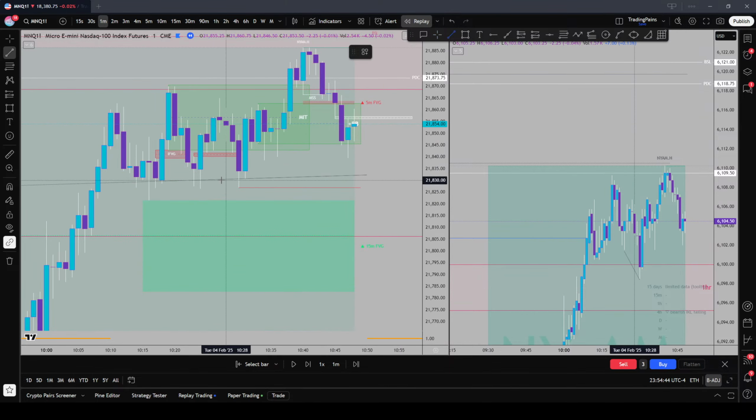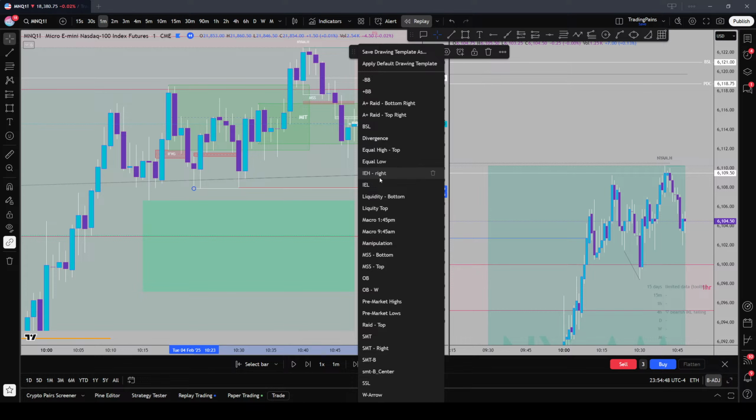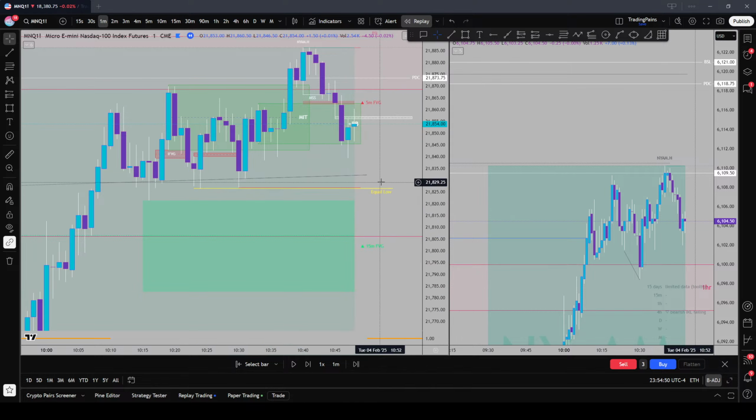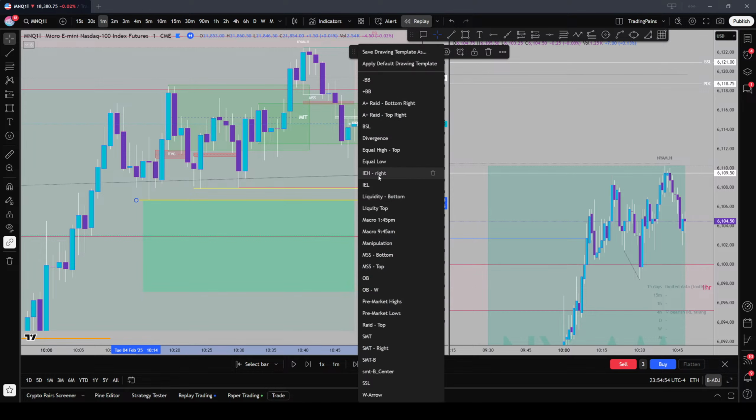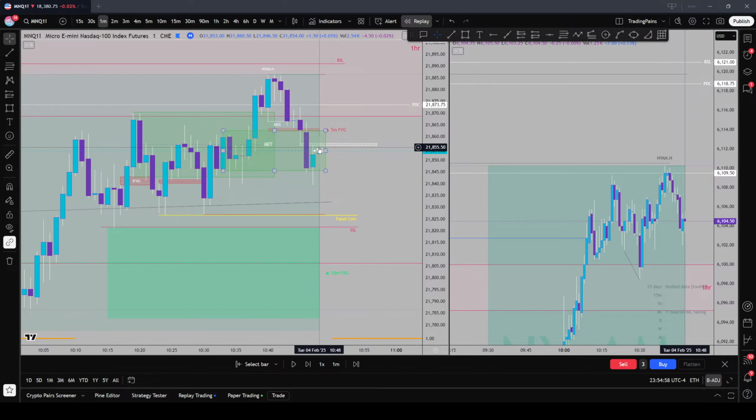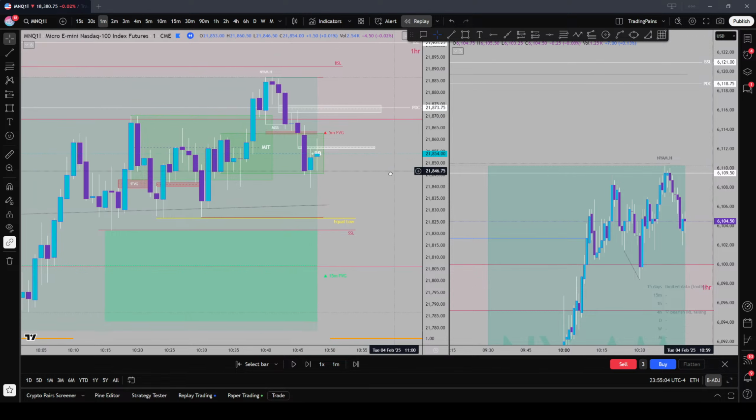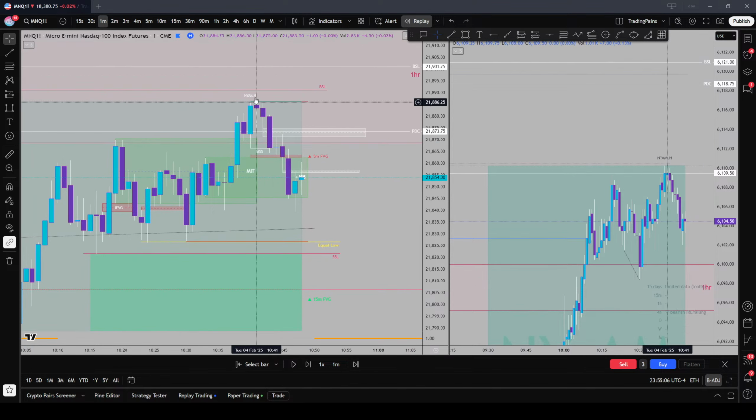We got equal lows right here too. Yeah, equal lows. And then we have this 15-minute sell side liquidity. So I think I would like to, because I also respected this. And market structure shift right here.